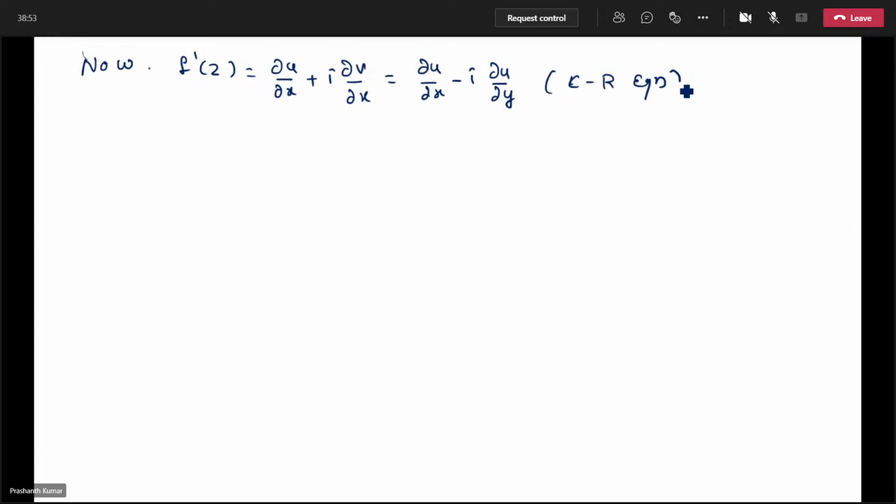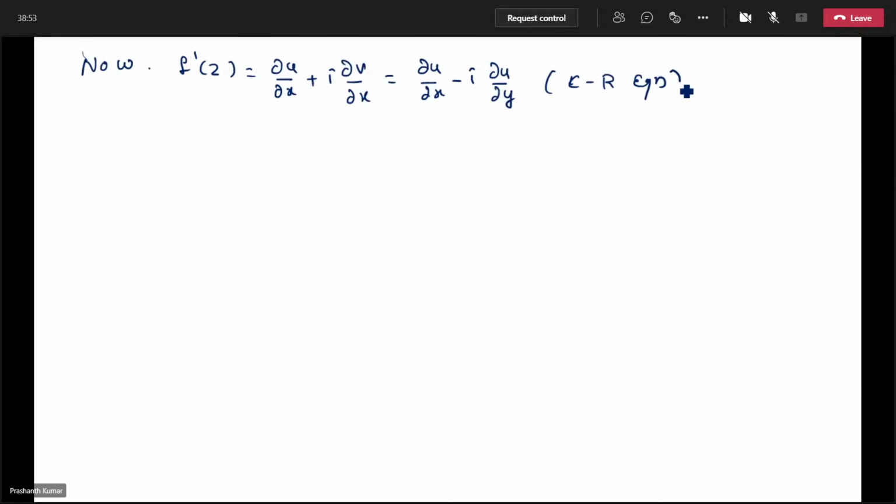This, plus C1 is fine, where C1 is a complex constant.